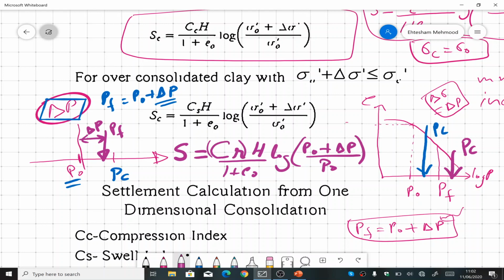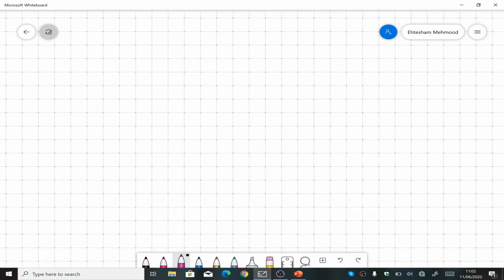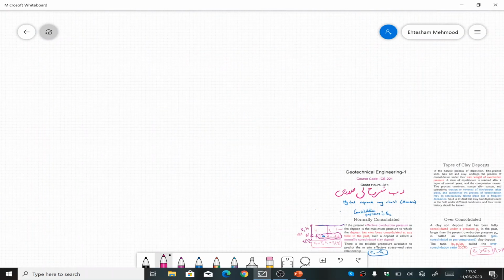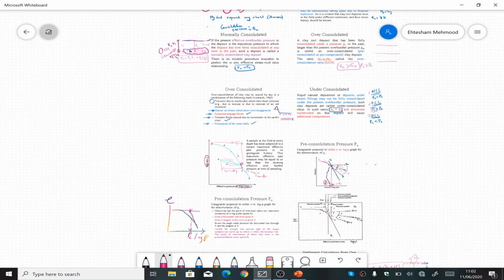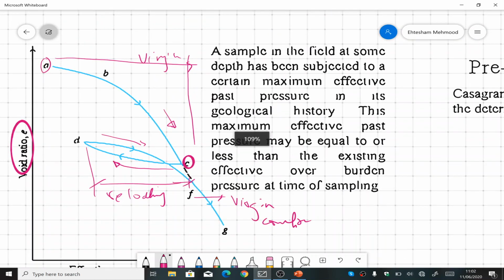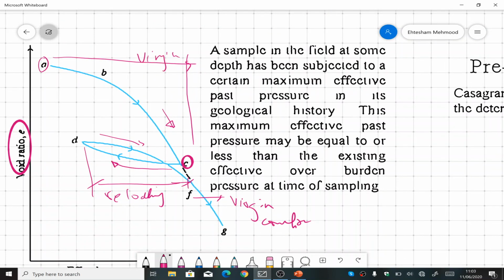Before we move further, I'll explain what CR is. CR is the recompression index. We'll go to the previous diagram. So we just saw the diagram here. As I told you, from D to F the sample is reloaded because it was loaded here and then unloaded. So this portion is reloading.